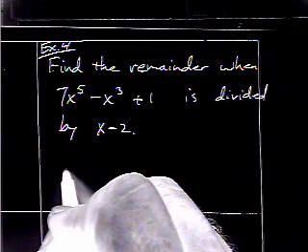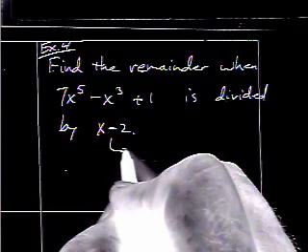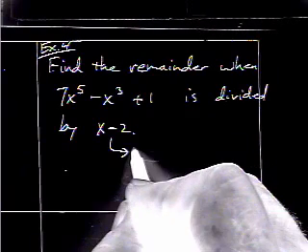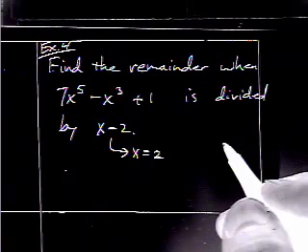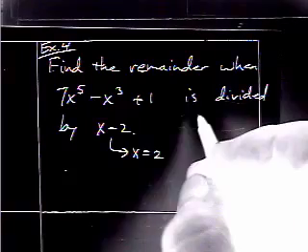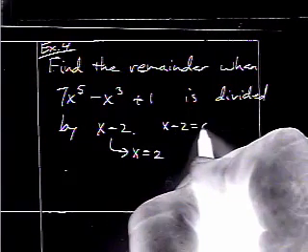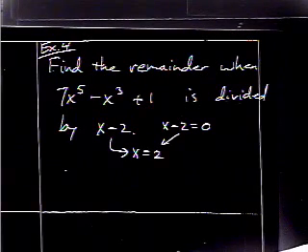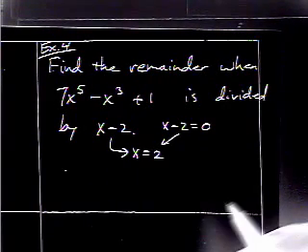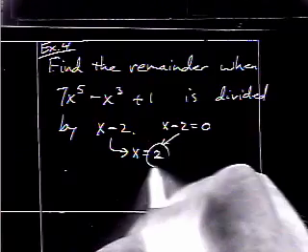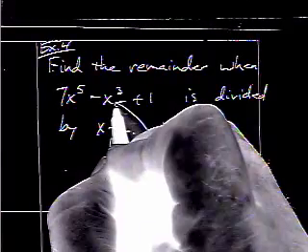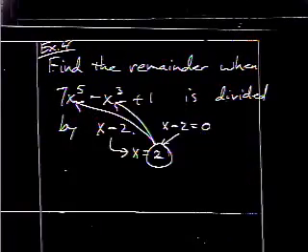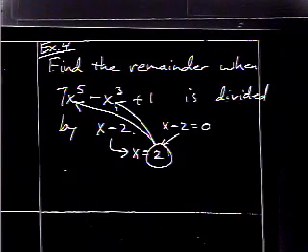Okay, so what is the 0 that comes out of x minus 2? Wouldn't that be x equals 2? If you don't remember that, remember, set your factor equal to 0 and solve it, and that's what you'll come up with. So, the remainder theorem says, take this number, plug it into what you're dividing, and you'll come up with the remainder.